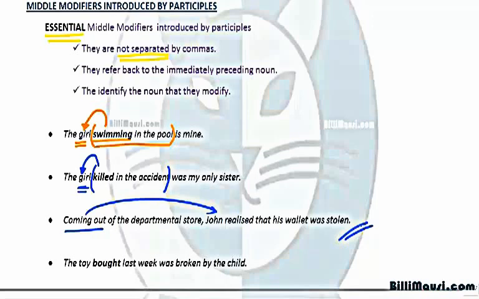The toy bought last week was broken by the child. Again, let's do the same operation. The toy was broken by the child. The toy bought last week again specifies which toy was broken by the child.